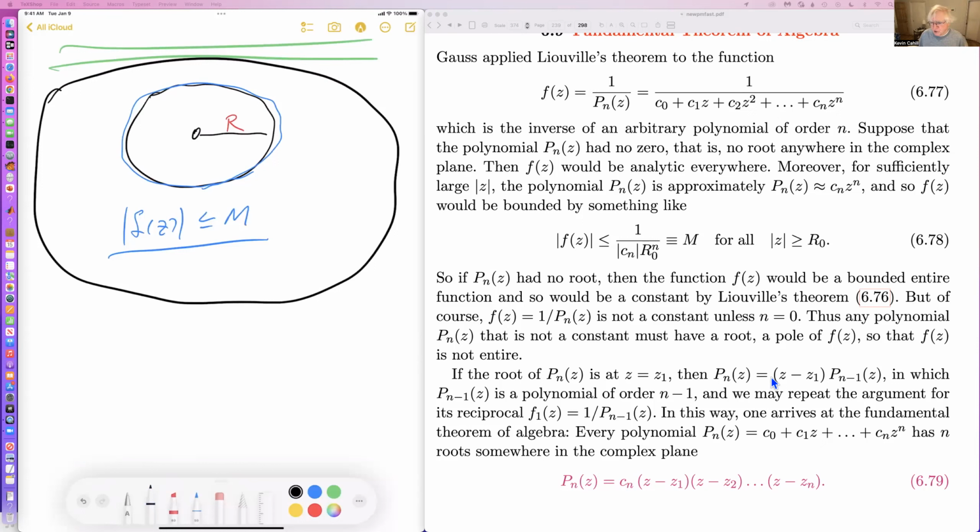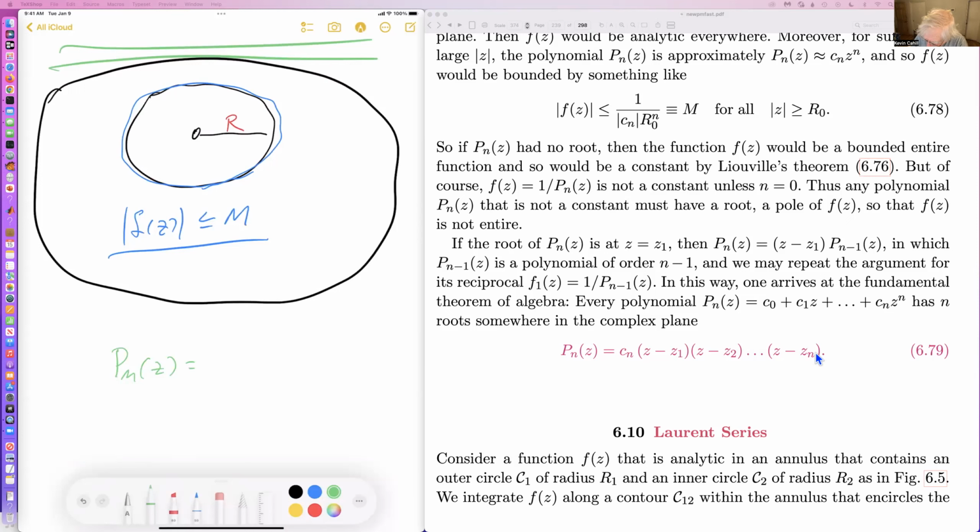Now, they need not be all different. In fact, one possible polynomial is Pn of z equals z to the n. So that has n roots, but they're all 0, all z equals 0. So z equals 0 is a root of order n.